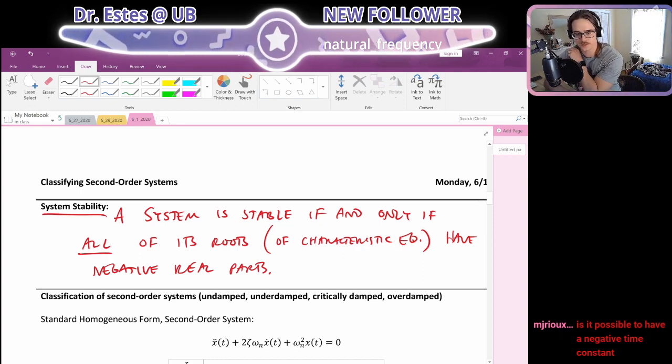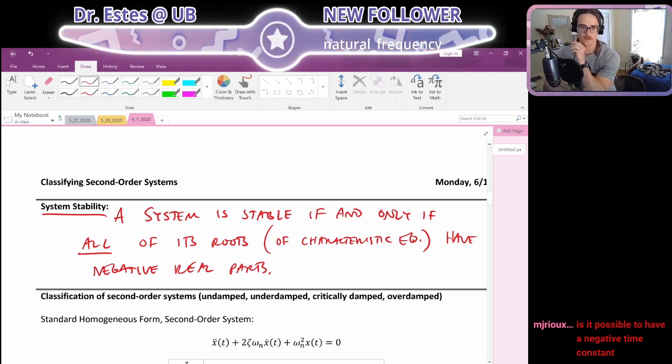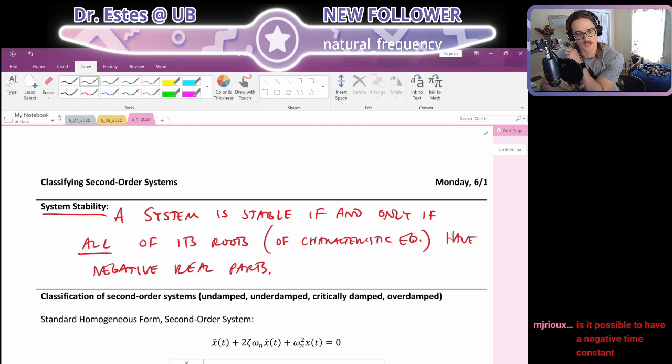And this actually answers your question, MJ, in a way. So a system is stable if and only if all of its roots have negative real parts.